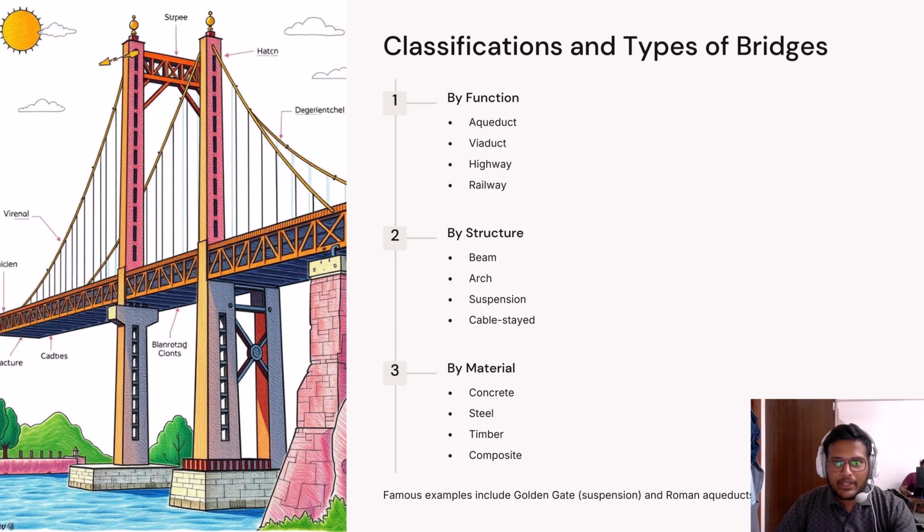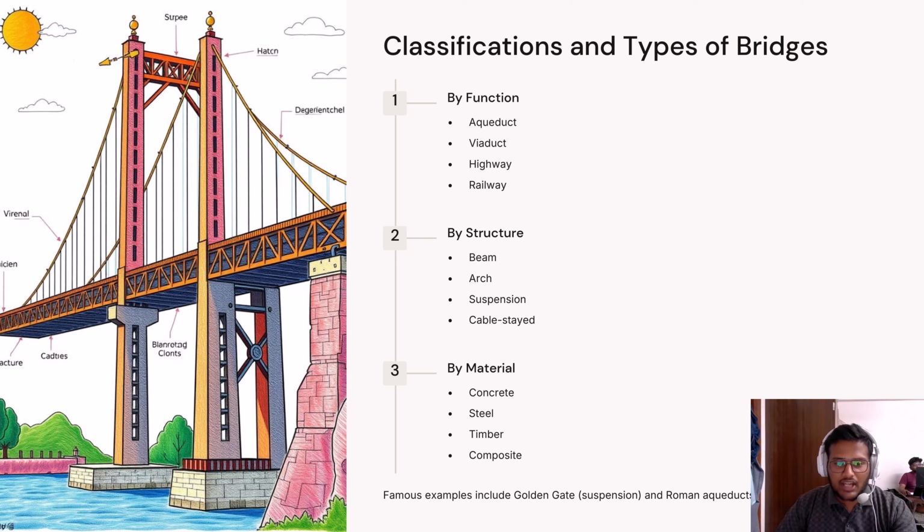So, classification and types of bridges. Bridges can be classified in many ways. First is by function, such as aqueducts for water, viaducts for multiple spans, and bridges for highway or railway. Then by structure, like beam, arch, suspension, and cable-stayed bridges.